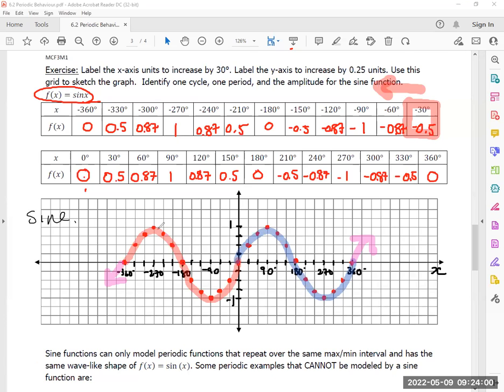The curvature going up and the curvature going down, if I were to graph this correctly, would be a perfect half circle going up and a perfect half circle going down. And that sort of makes sense because I said earlier, 360 degrees is a full circle.